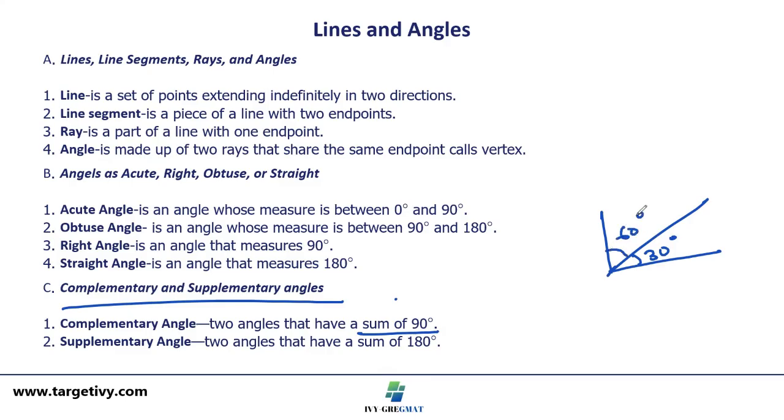We say they complement each other because 60 and 30 add up to 90 degrees. Supplementary angles are two angles that have a sum of 180 degrees. Say this is 50 degrees and this is 130 degrees. They add up to 180 degrees, so the two angles are supplementary to each other. Fair?